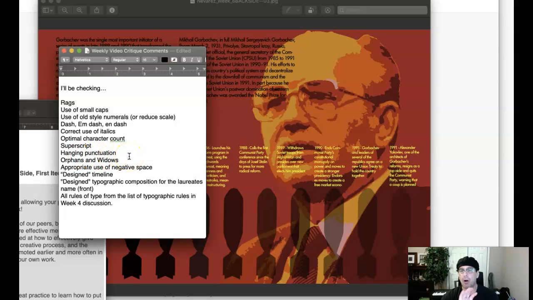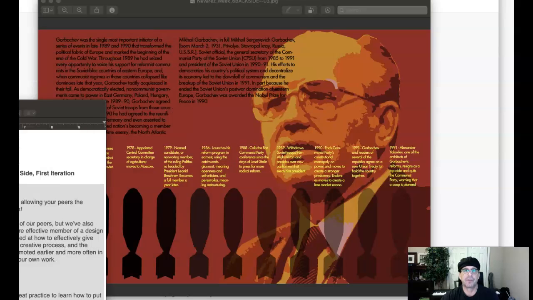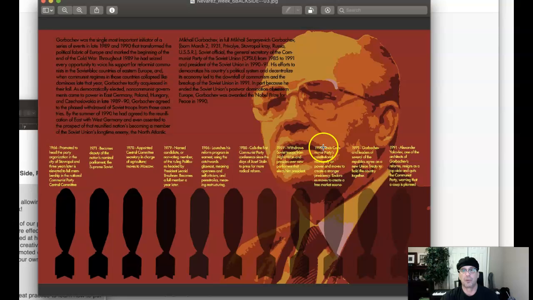Now, keep in mind, these aren't all applicable, but if they are, you will be held accountable for it, right? Because these are things that we've studied in class. Appropriate use of negative space, orphans and widows, hanging punctuation, a designed timeline, a designed typographic composition for the laureate's name, and then all of the rules of type from week 4. Okay, so those will be held accountable.